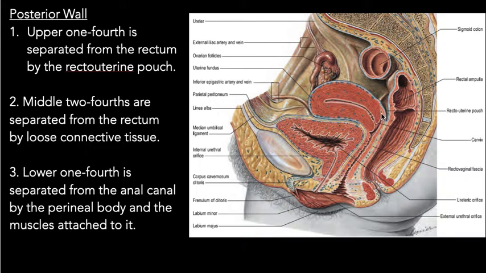Can you see? This is the posterior wall of the vagina. The middle 2/4 are separated from the rectum by loose connective tissue. You can see this loose connective tissue. Whereas the lower 1/4 is separated from the anal canal, this is the anal canal, by the perineal body and the muscles attached to it.